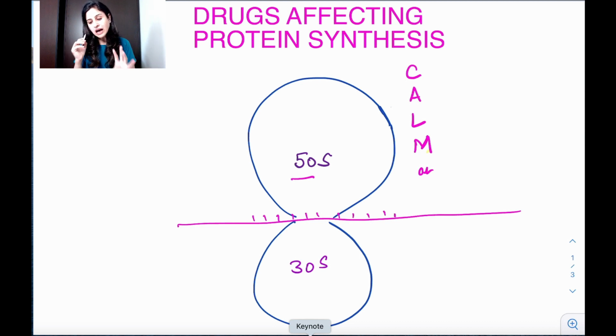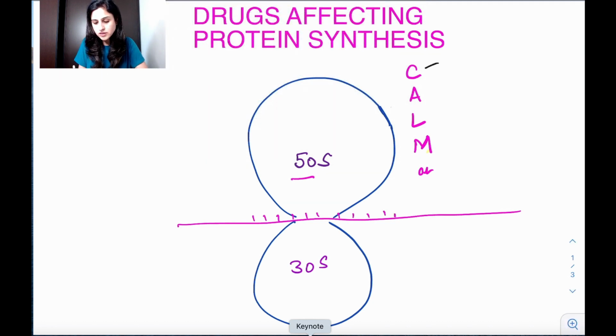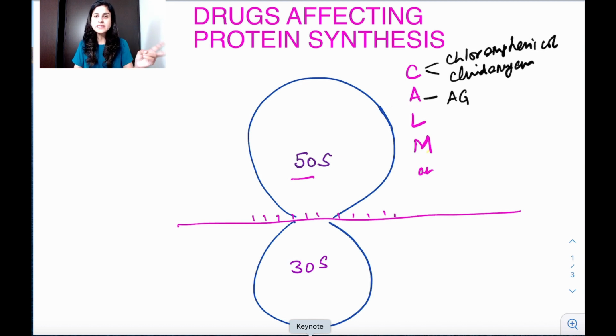So how to now go about it? Let's say this one. So calm is, C is for chloramphenicol and clindamycin. A is for your aminoglycosides, but aminoglycosides can act at either 30 or 50, so they can be both ways.